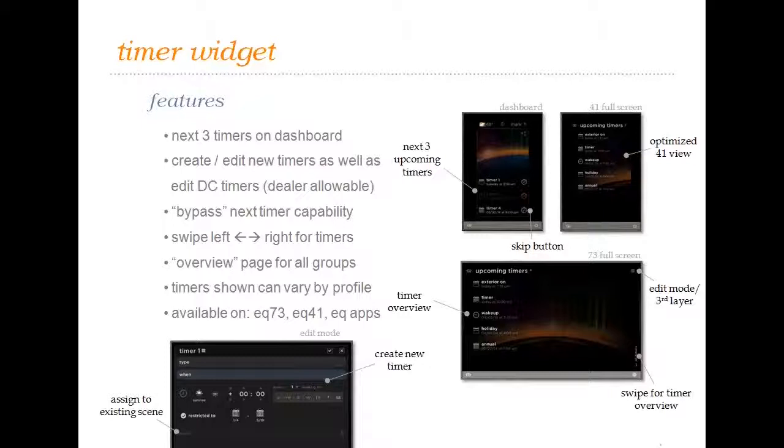You say, well, I want it to be daily or weekly, monthly. You choose the time of day or sunrise and sunset, so we base it on astronomical. There's offsets for sunrise and sunset. Basically, we've taken the capabilities of timers from inside a Design Center and replicated them on the UI.